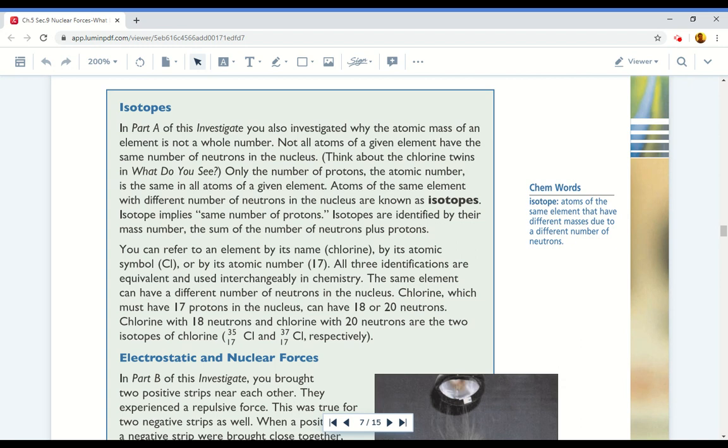Only the number of protons, the atomic number, is the same in all atoms of a given element. Atoms of the same element with different numbers of neutrons in the nucleus are known as isotopes.